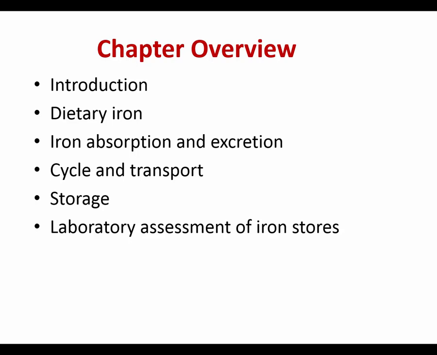So dietary iron, you're going to be able to get it both from meat as well as from plant-based sources. About 60% of the iron that we absorb comes from plant-based sources, and about 40% comes from the meat. But again, it all depends on what you're eating. If I'm a vegetarian and I don't eat meat, 100% is going to come from the plant. So put these things in perspective, okay?